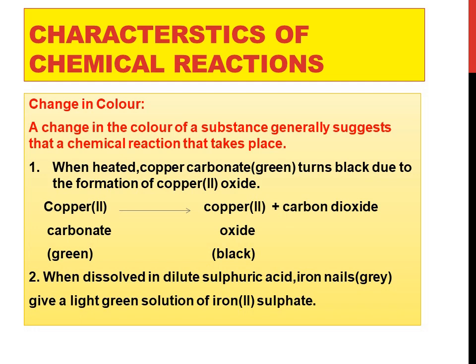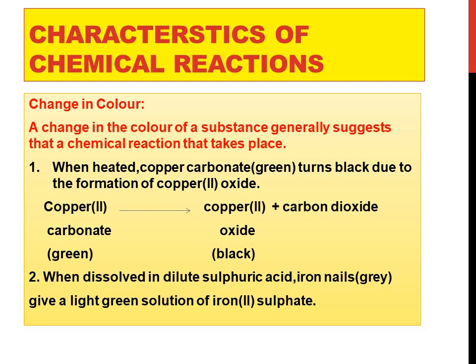For example, when heated, copper carbonate, which was green in color originally, turns black due to the formation of copper oxide and carbon dioxide. Earlier the color of the reactant was green. After it has changed into a product, a new substance, it turns black.